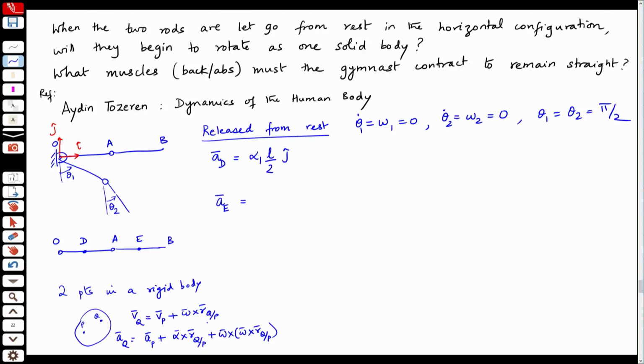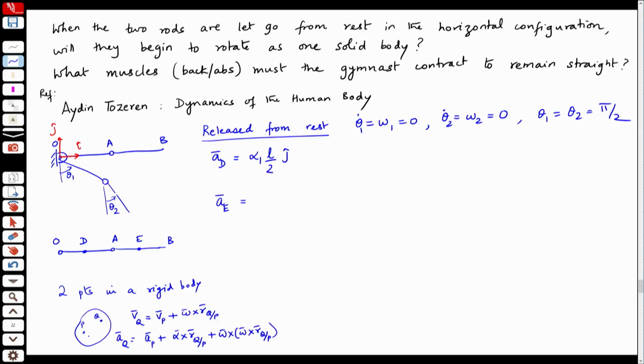Essentially, if you look at 2 points in a rigid body, how can Q move relative to P? When I say this is a rigid body, it means the distance between points P and Q does not change as the body moves. So, there can be no velocity component of Q along the line joining P and Q. The only way Q can move relative to P is along a circle centered at P. That is where this comes from.